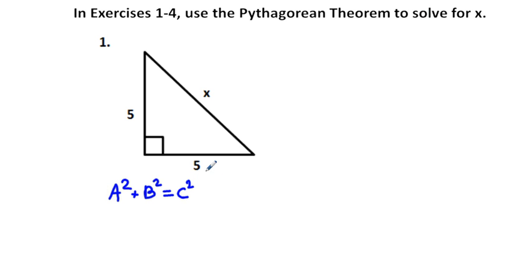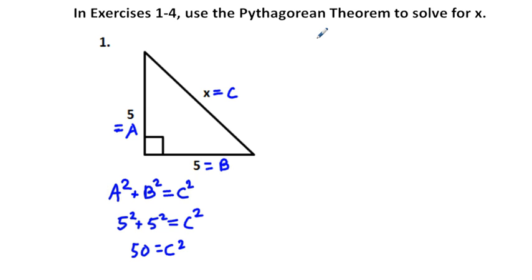So if you know two sides, in this case we have this side on the left, which is the height of the triangle, A, and the base of the triangle, which is B, we'll say a squared is going to be 5 squared plus b squared, which is 5 squared, is equal to c squared. Well, this unknown side x we'll say is c, and so 5 squared plus 5 squared is 50, so we'll say 50 is equal to c squared.